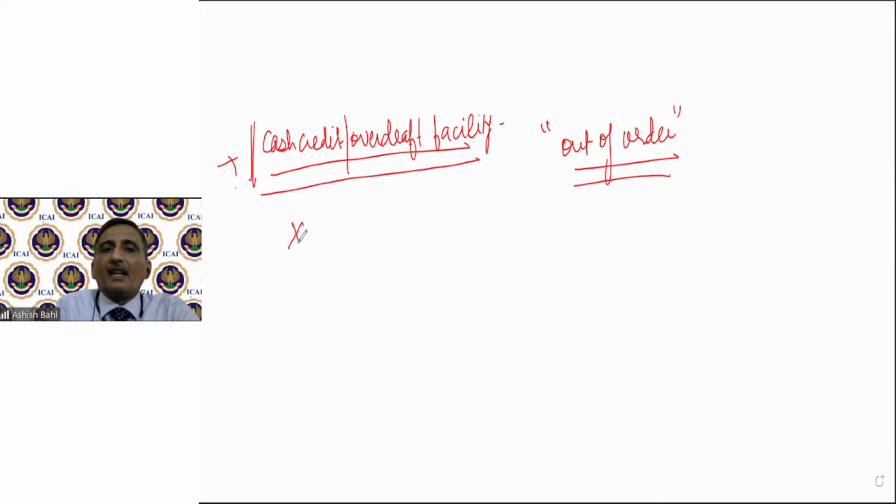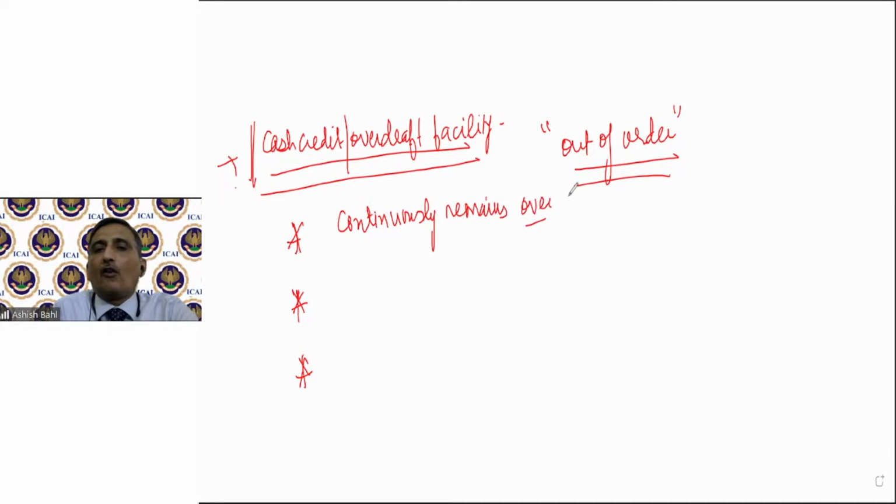Out of order in context of cash credit overdraft facility means three conditions. One condition is that the account continuously remains over, beyond sanction limit or drawing power, for 90 days.